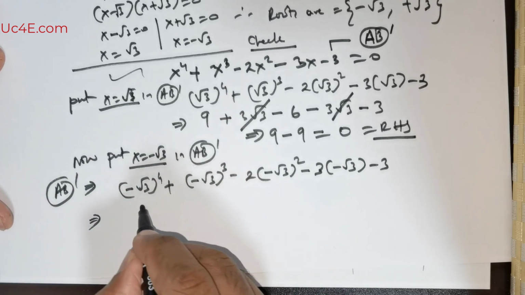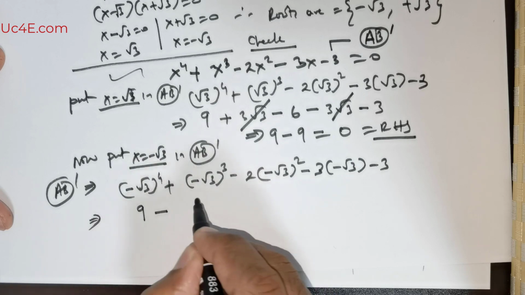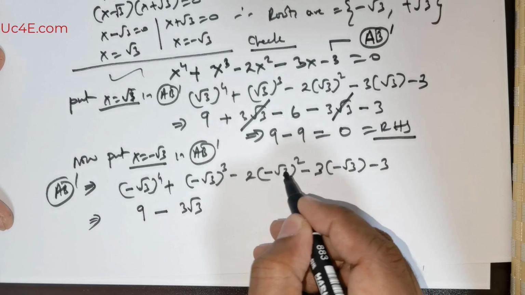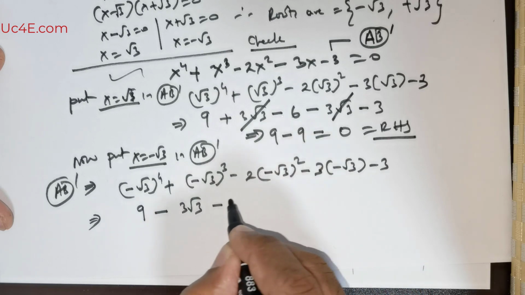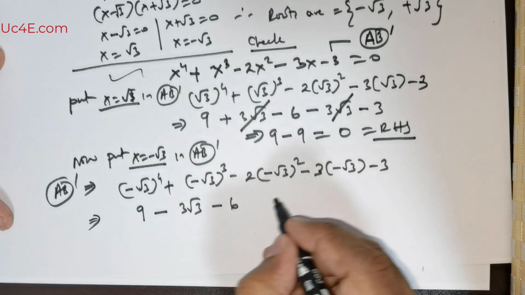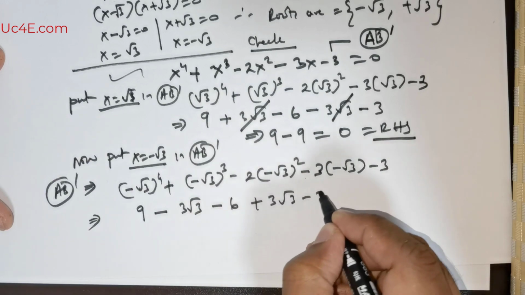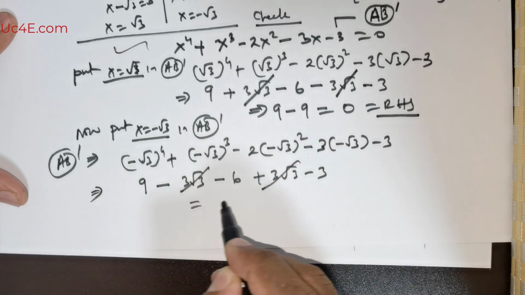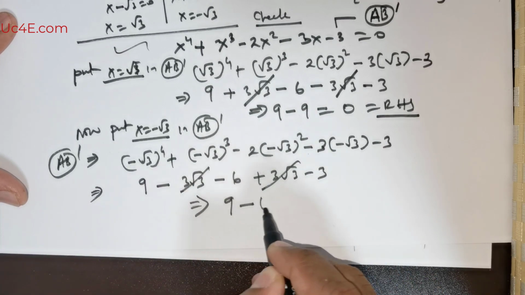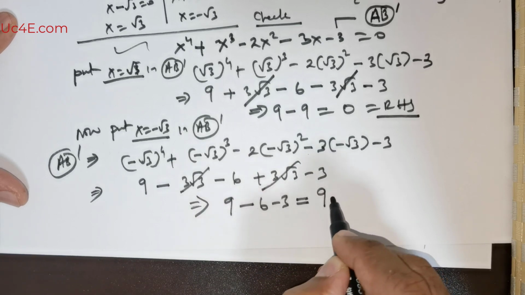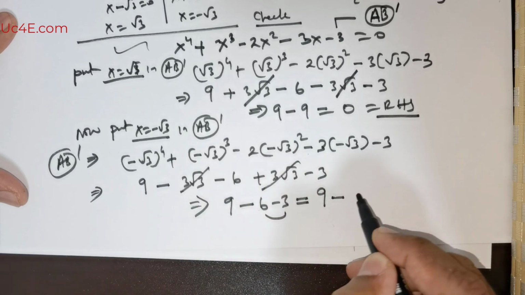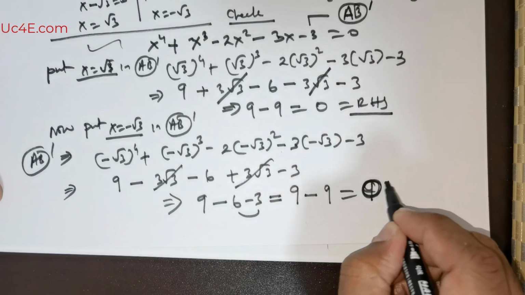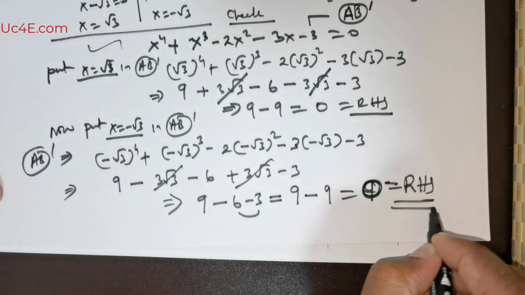This is going to be 9. This is going to be negative 3 times root 3. Negative root 3 raised to the power of 2 is going to give me a positive value. So 3 times 2 is going to give me minus 6, and plus 3 times root 3 and a minus 3. Plus 3 times root 3 minus 3 times root 3 gets cancelled, giving me 9 minus 6 minus 3, which is going to give me negative 9. 9 minus 9 is equal to 0, which is equal to the right hand side.